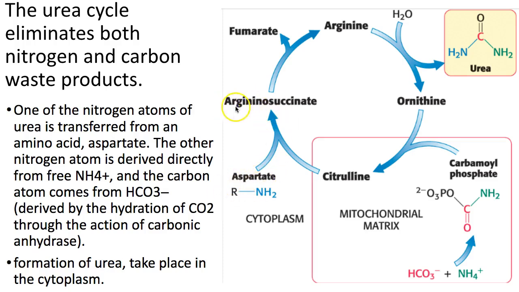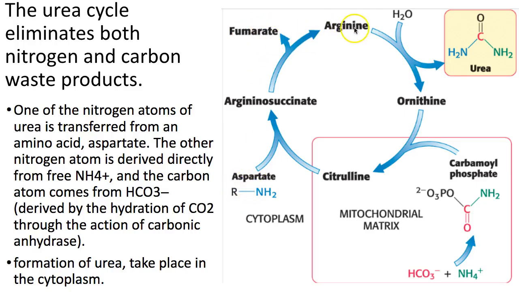And then from there you have argininosuccinate, which then produces the fumarate that's broken down, which is the skeleton to actually create more aspartate, but we'll get into that later.